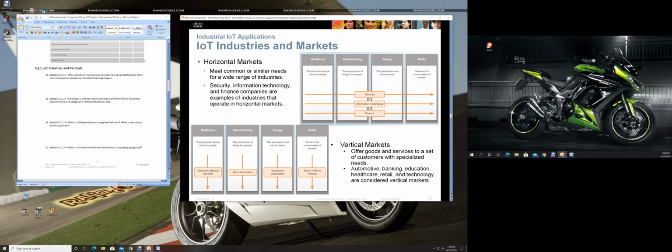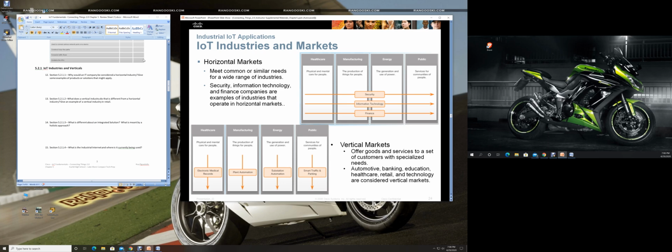You need that kind of application. So in terms of something you might be designing, a security camera could be used in a hospital, in an office, or at a house. Example of horizontal markets.